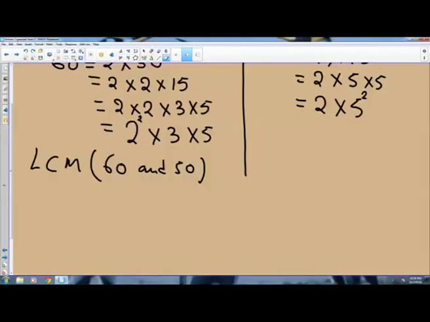So this one will be 2 to the power 2, and 2 this side. But we are finding the lowest common multiple. And like I said, when you want to find the lowest common multiple, you multiply the numbers with the highest powers. So we'll take 2 to the power 2, because when you compare 2 to the power 2 and this 2, we can see that 2 to the power 2 is greater than 2 to the power 1.